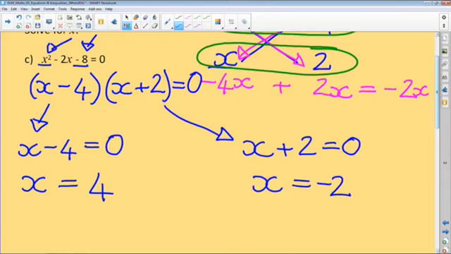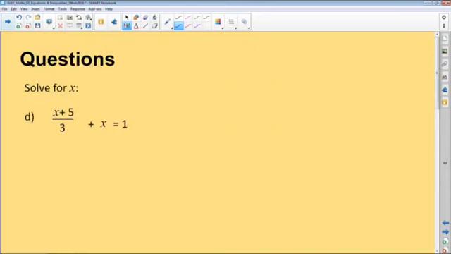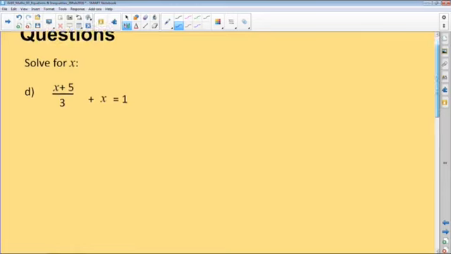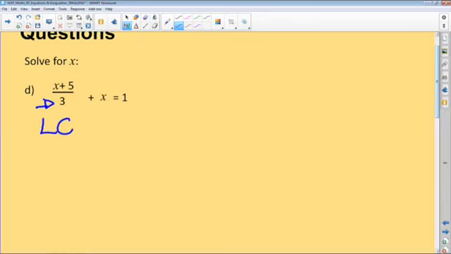Okay, let's do the last one quickly. Now this is not a difficult question, but it is a granny in a bikini. It's something we like but we don't like to look at. And the thing that's disturbing me is that 3. So the first thing I'm going to do is to put everything over a lowest common denominator of 3.